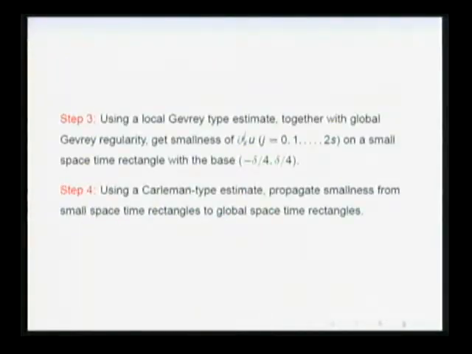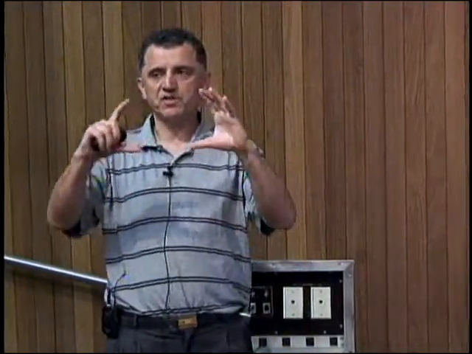Step 3 is that the Taylor series doesn't converge for Gevrey functions, but somehow it's possible, which I'll show briefly, to get from bounds on the space-time derivatives to prove that u is small itself. And in the last step, once you have smallness on a rectangle, Carleman estimates can propagate.